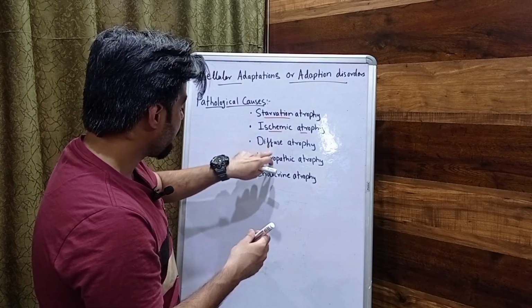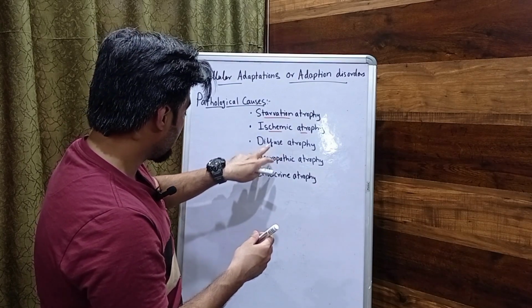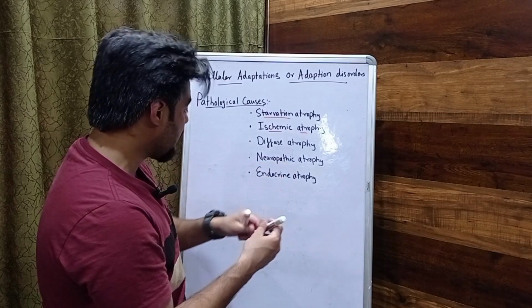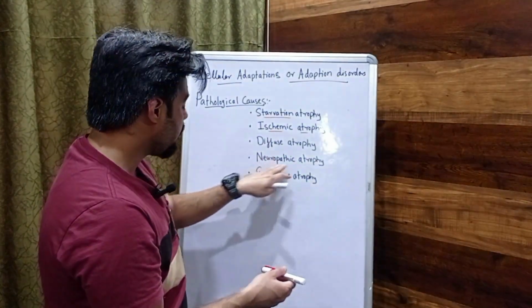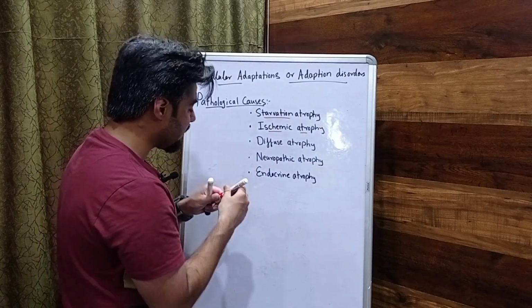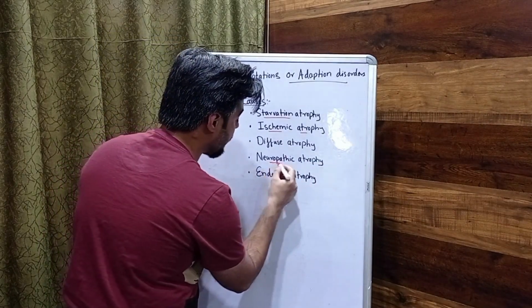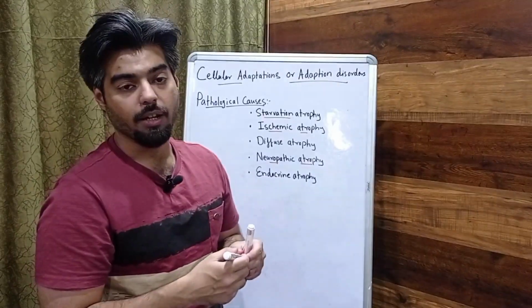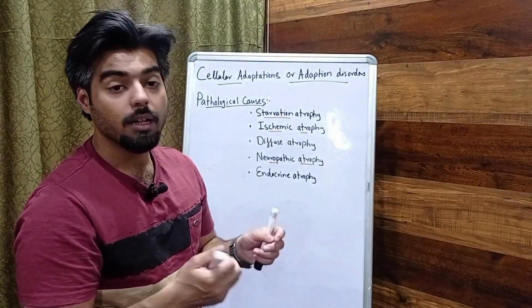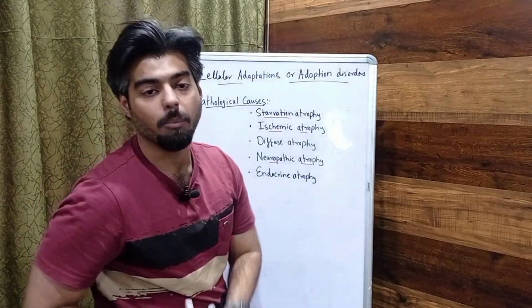In neuropathic atrophy, I don't remember the diffuse atrophy, I'm really sorry about it. In neuropathic atrophy, you will find it once there is a lesion in the neuropathic path, for example in poliomyelitis, and there will be some wasting of muscles.